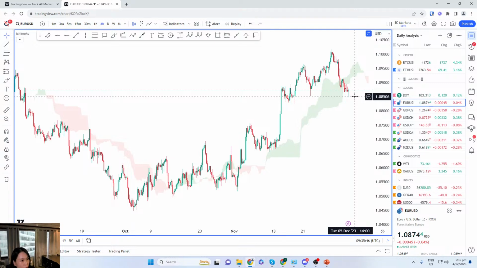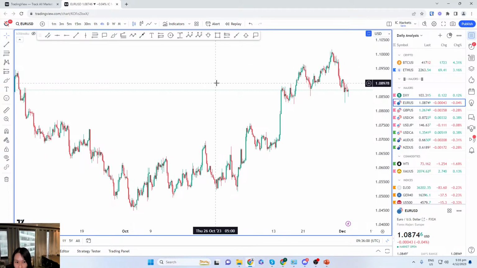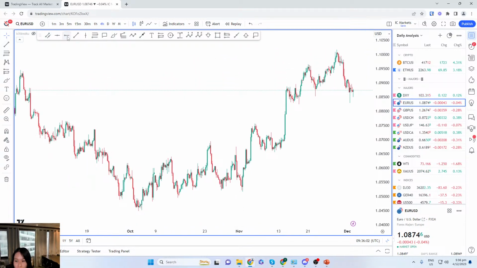Okay, and let's try to identify some key support and resistance lines.